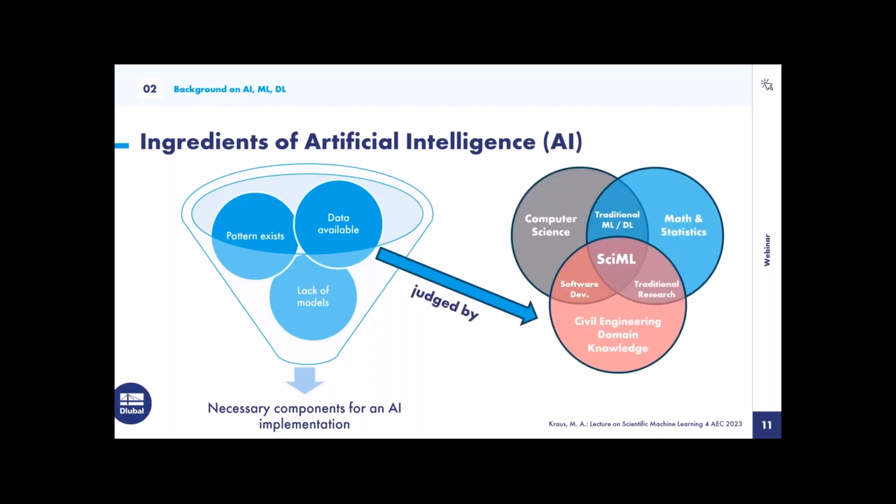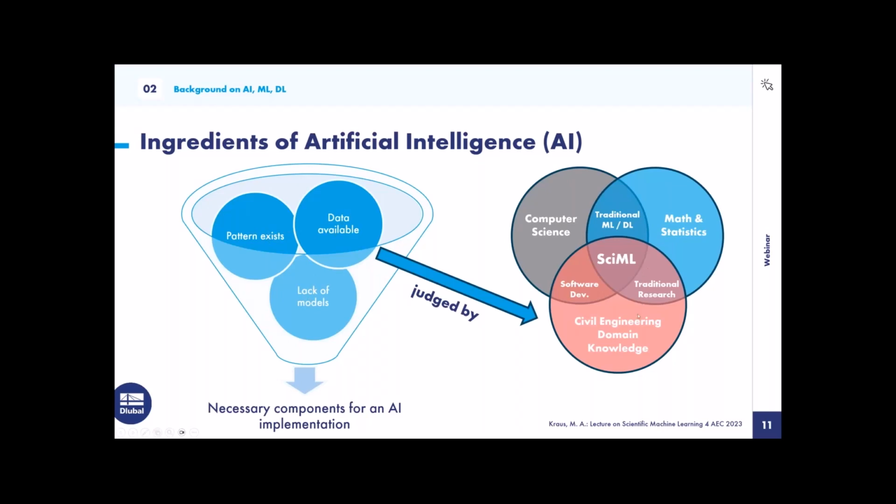What you see here is, why would you, in this AI boom, still need domain experts like civil engineers? I think the reason is that people from the domain, like civil engineering, can judge these 3 things: if the data is correct, if there is no simpler model, and if the data contain that pattern.